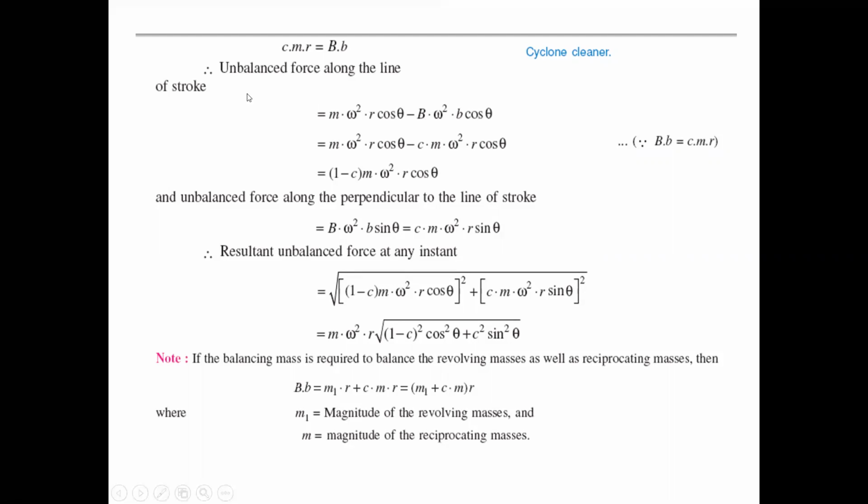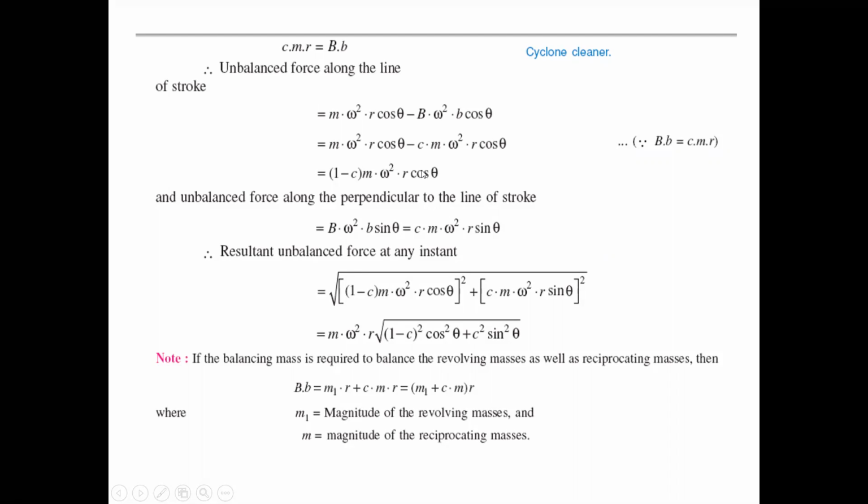Because one is going to the right side and the other to the left side, so one is represented with a negative symbol. While we write m omega square r cos theta minus, here B b is replaced with c m r, c m omega square r cos theta.